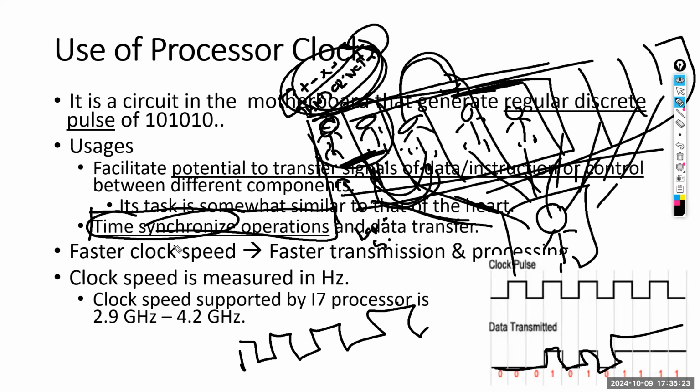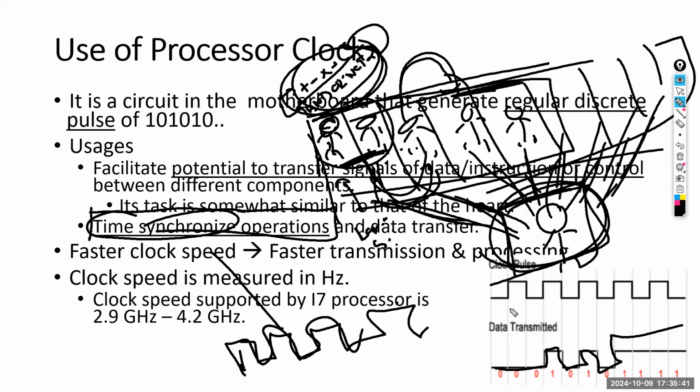At the same time, your clock is acting like this, and I don't know how to call this guy, maybe you know the better name, someone in the orchestra controlling the orchestra, like a band master or whatever. So the clock is time synchronizing, and the clock is generating the basic pulse so that we can create the data pulses. Try to understand this.